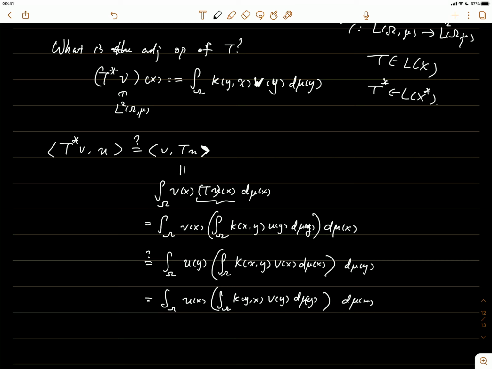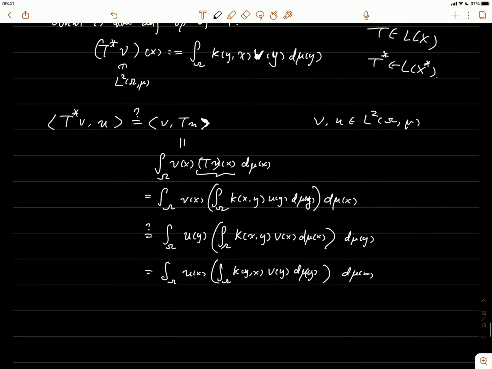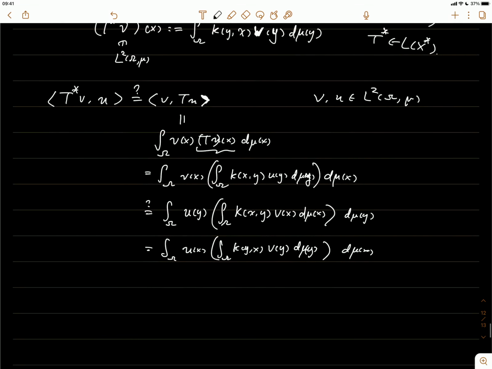So for any v and u in the L2 Lebesgue space, the space of square integrable functions, we have this. And this is like the integral of k(y,x) V(y) d mu y as a function of x.